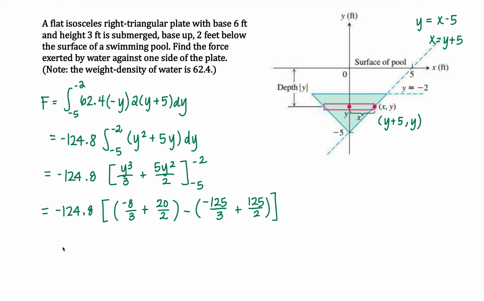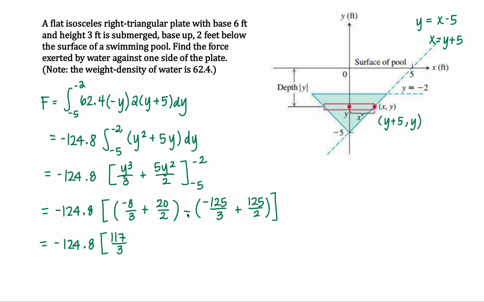I'm going to now combine terms with the same denominator. I have -8/3, and then I have a minus a negative, so it's going to be plus 125/3, which leaves me with 117 over 3.